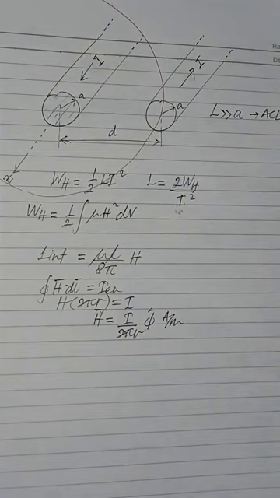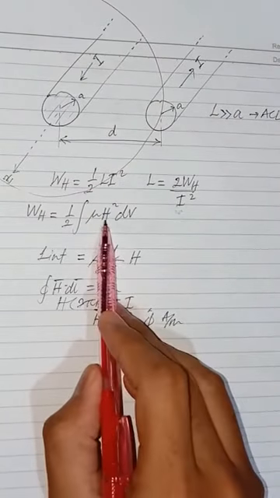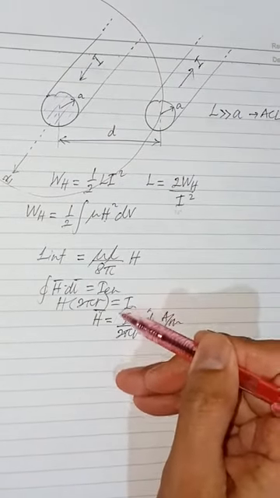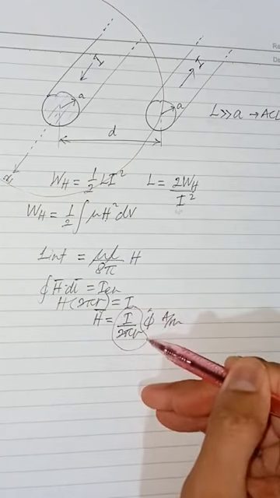Let's proceed to find the magnetic energy using this formula. We replace H by this H magnitude.